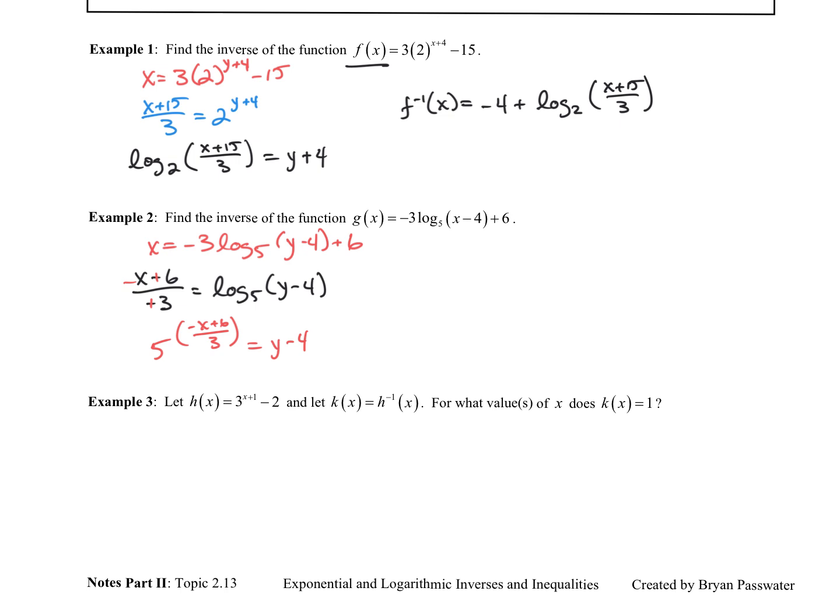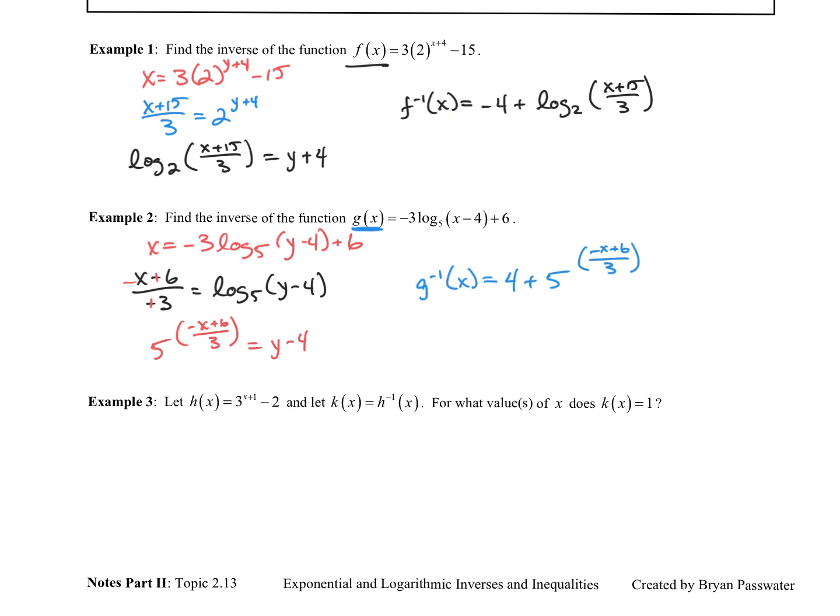It's not f anymore. It's actually what? It is g. And so now I'm going to notate it as g inverse of x is equal to, what do I need to do to solve for y again? Add 4. So now I have 4 plus 5 to the power of negative x plus 6 over 3.